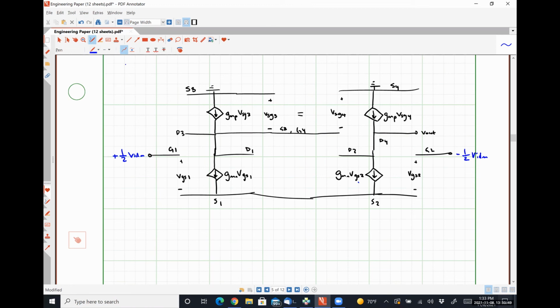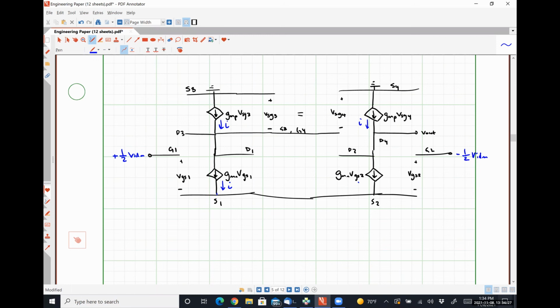We would expect to see that small signal current i flowing through transistor M1. That same small signal current i flowing through transistor M3 because it's its only path. Since VSG3 and VSG4 are the same voltage, that same small signal current i will flow through transistor M4.